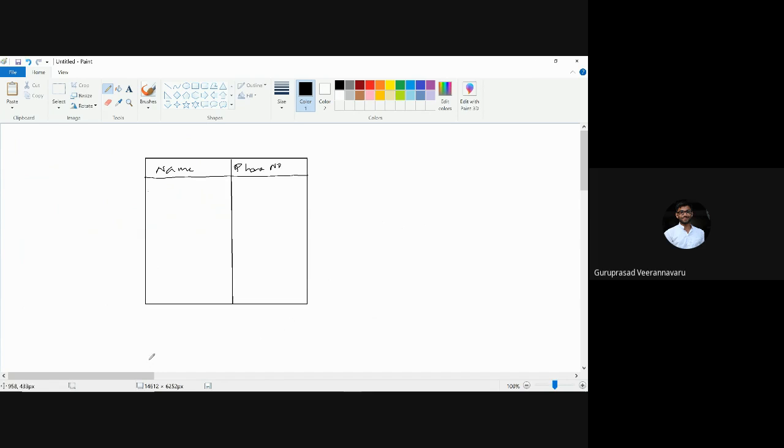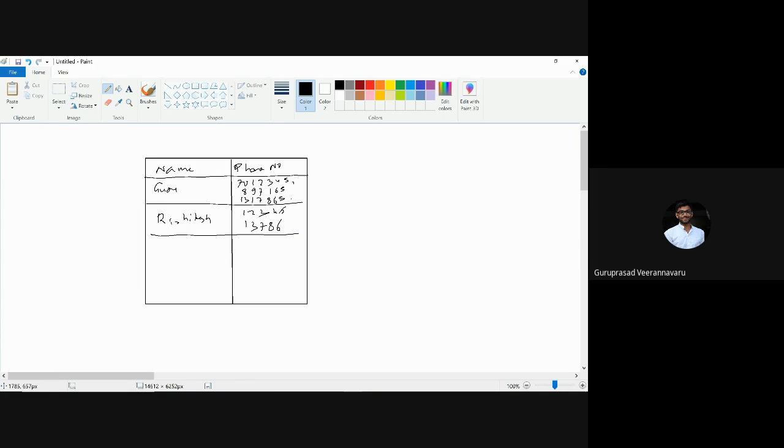I'll take Guru, and I have 3 phone numbers: 7012345, 8971165, and 1317865. Okay, and let's say Rishikesh. Rishikesh has 2 phone numbers: 345134786. So what are we doing here?